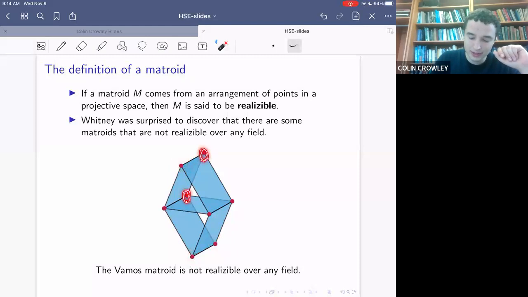And these 4 points, for instance, there's no plane containing them. And so if you stare at this picture for a long time, you can convince yourself that at least in P3 for characteristic 0, you can't embed this diagram so that all of these independence relations are preserved. There will have to be an extra dependence that isn't pictured here. And it turns out that you can't even do this in positive characteristic. In no projective space can this embed and preserve all of the dependence relations.